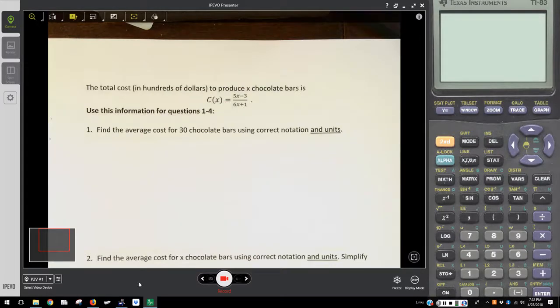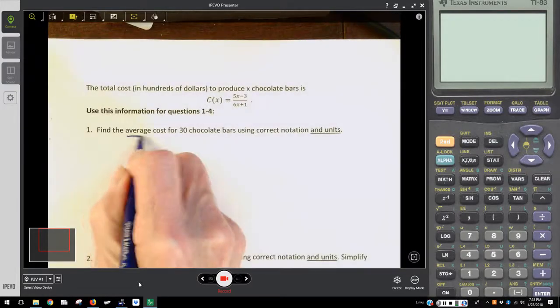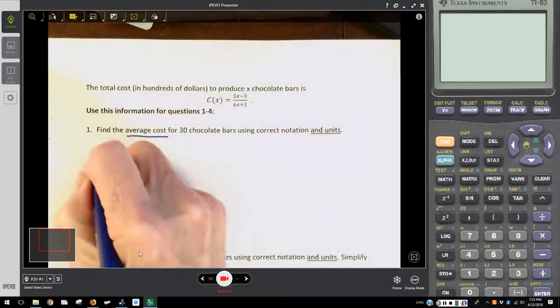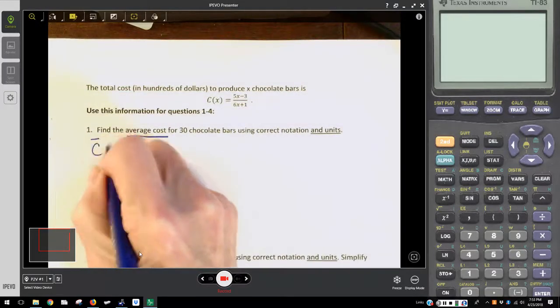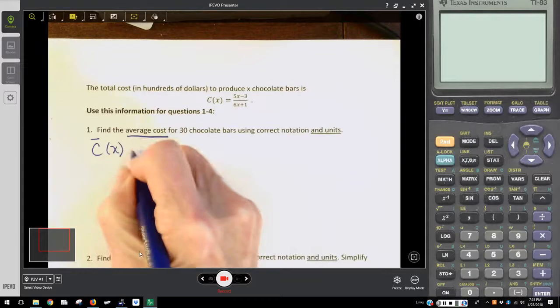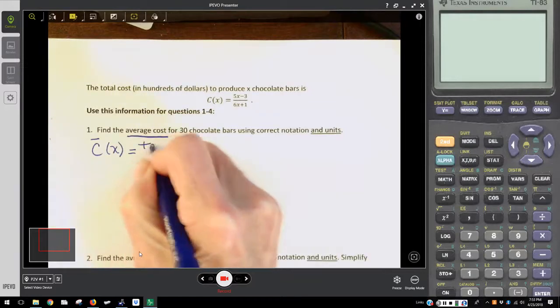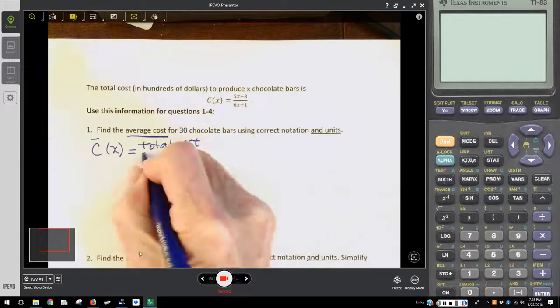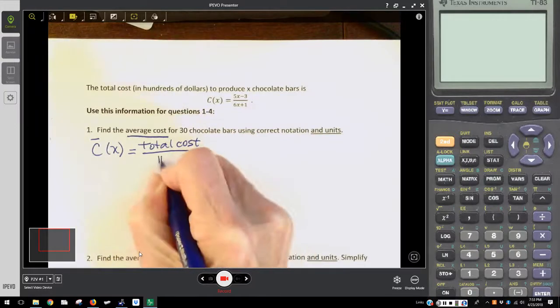C of x is equal to 5x minus 3 over 6x plus 1, to find the average cost for 30 chocolate bars. And your average cost, which is C bar of x, is the total cost divided by the number of bars.